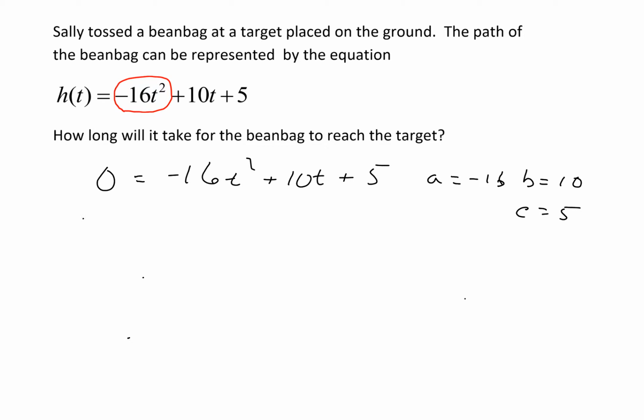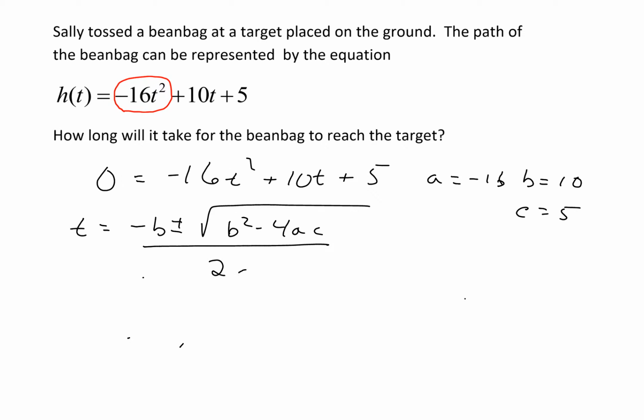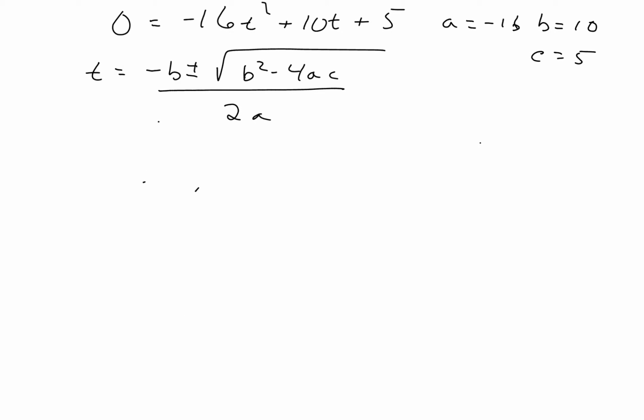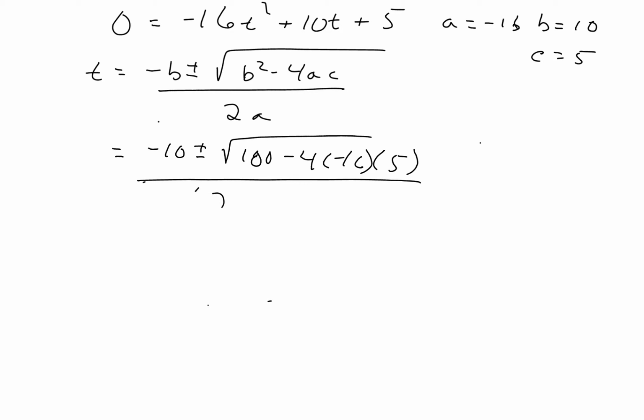So the time, t instead of x, is going to equal negative b plus or minus radical b squared minus 4ac all over 2a. So I'll start replacing some numbers here. So the time when it hits the ground is going to be negative 10 plus or minus radical 10 squared, which is 100, minus 4 times negative 16 times 5 all over 2 times negative 16.